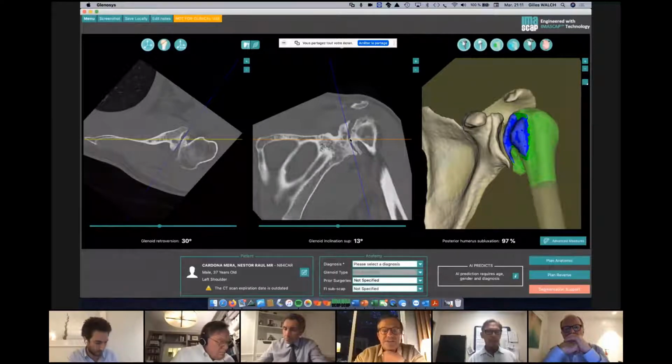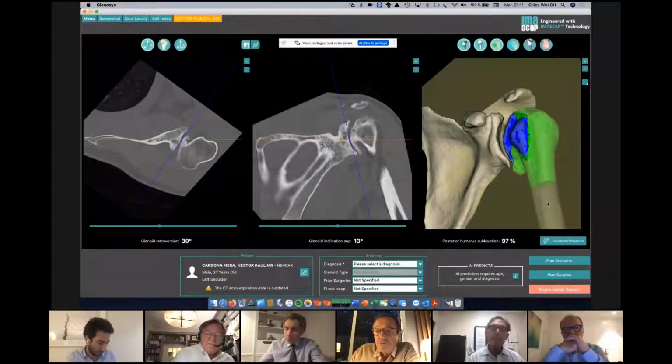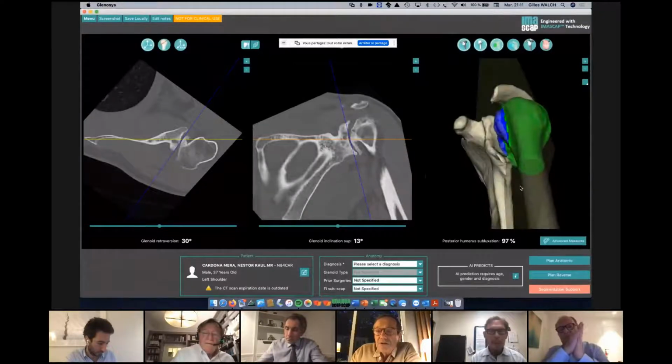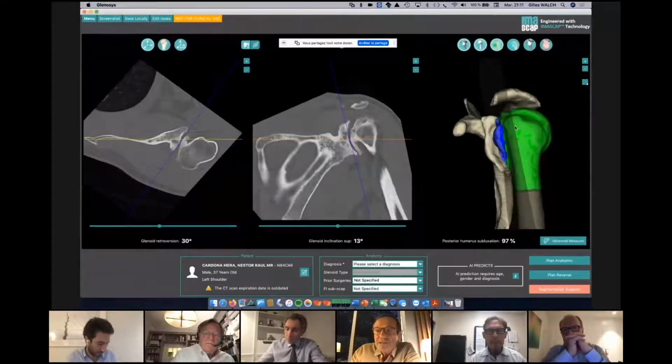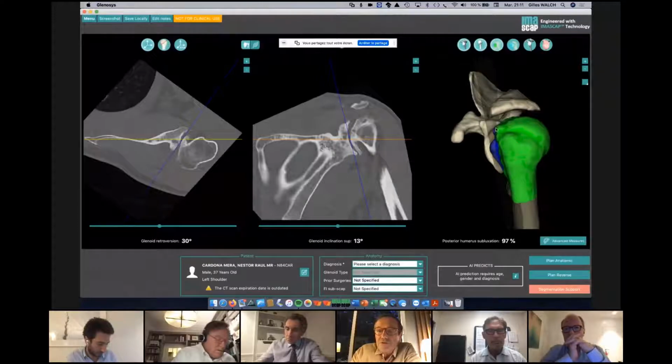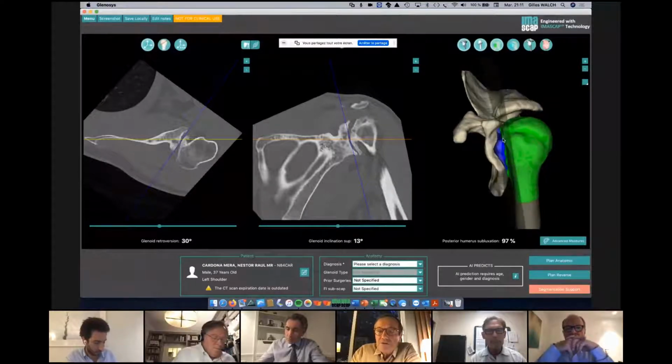This is the transverse axis of the scapula, and you can measure very easily the transverse axis and the superior inclination. And this is a regular 3D view showing that 97% of the volume of the humeral head is posterior to the scapular plane.